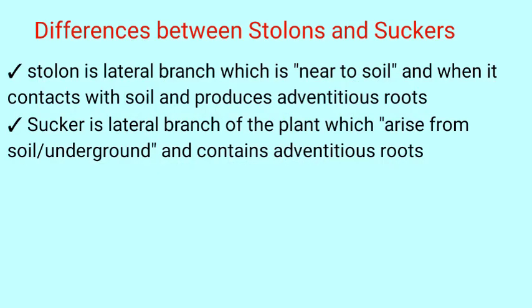Differences between stolons and suckers. A stolon is a lateral branch which is near the soil, and when it contacts the soil it produces adventitious roots. But in the case of a sucker, the lateral branch arises from the soil or underground and contains adventitious roots.